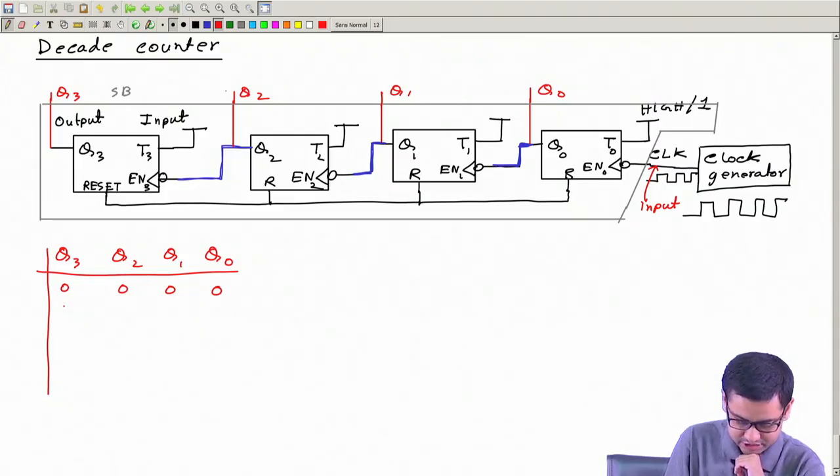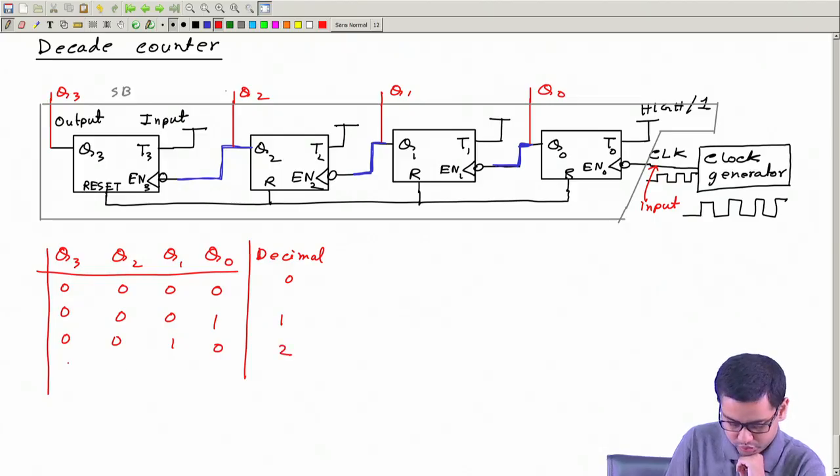Then 0, 0, 0, 1. This is how a normal binary counter behaves. Then 0, 0, 1, 0, and so on. So this is like decimal 0, 1, 2, and then after a while this will become 8.